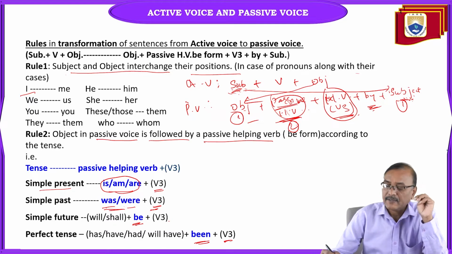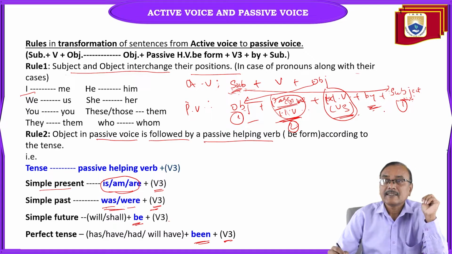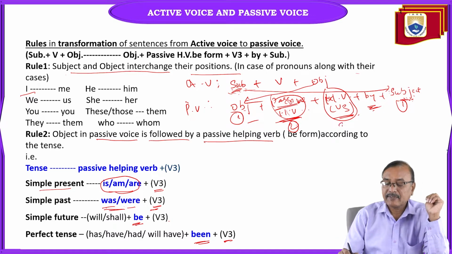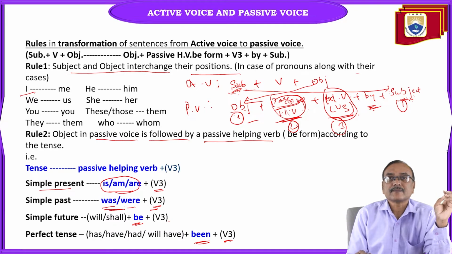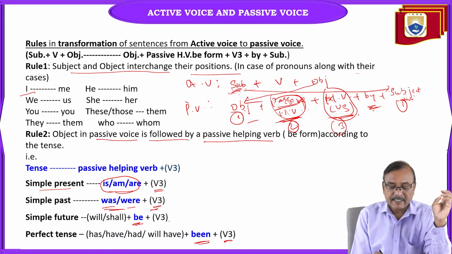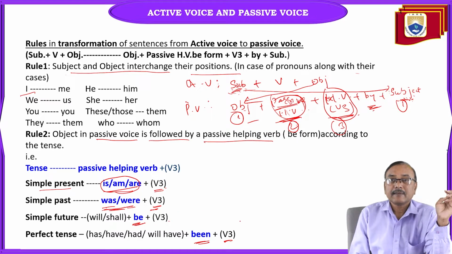It's easy. And the main verb is always in V3 form. Before the V3 form, after the object, using one passive helping verb is very important, according to the tense. If it is present, before V3 use "is/am/are"; past tense, "was/were"; future tense, "be"; perfect tense, "been".